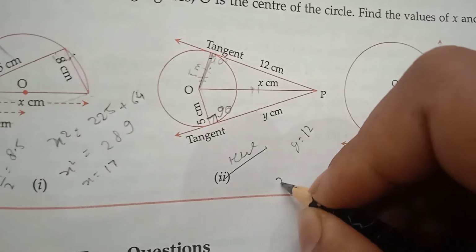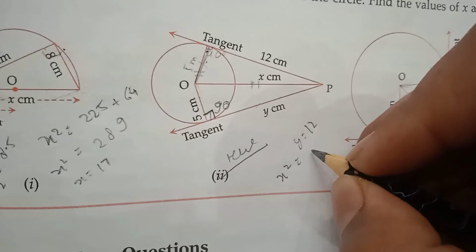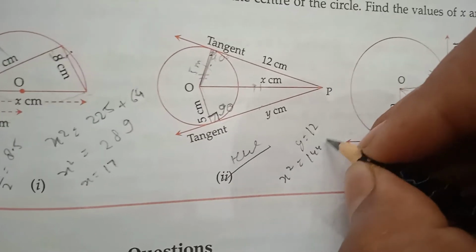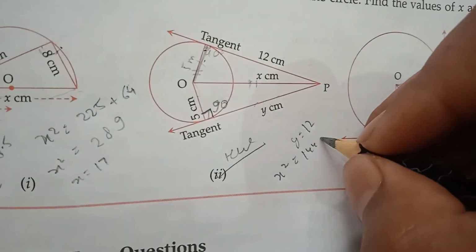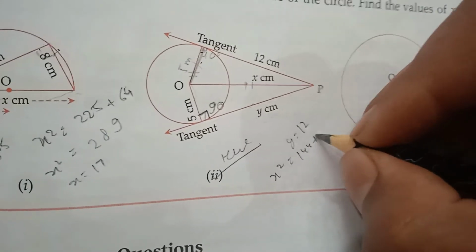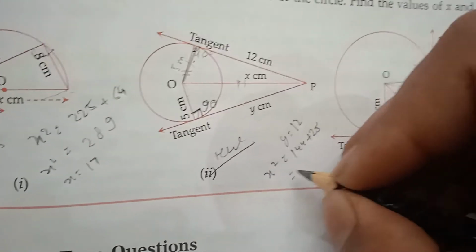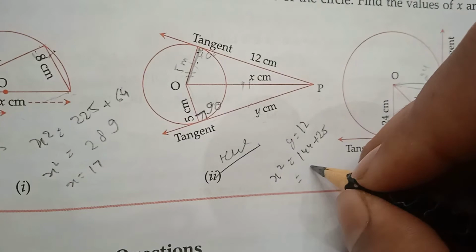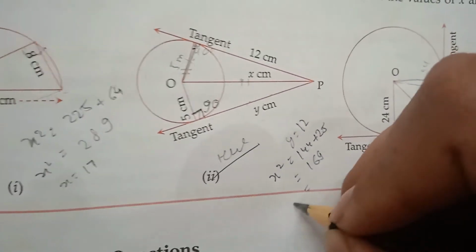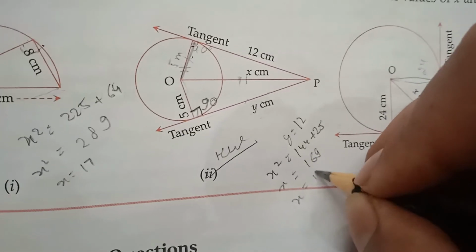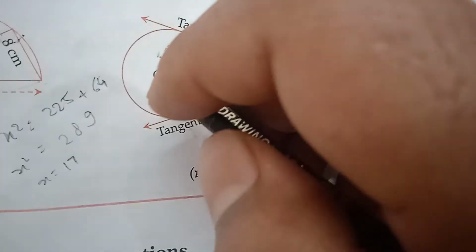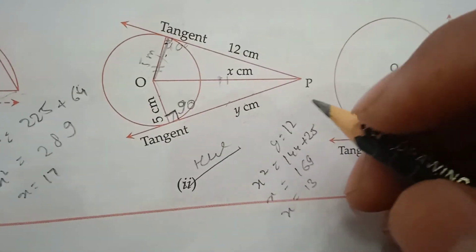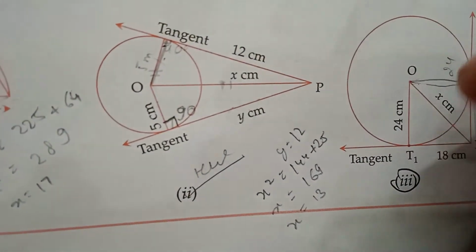So x square is equal to 144, which is square of 12, plus 25, which is square of 5, equals 169, and x is equal to 13. So our OP is equal to 13, or x is equal to 13.